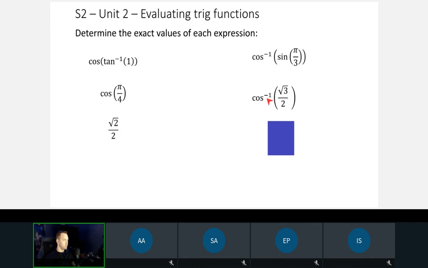So this wants to know what is the angle when the x value is rad 3 over 2. So you can either type this in or you can just pull it from a unit circle. I think either way worked just fine. But the angle is pi over 6. So the angle when the x value is rad 3 over 2 is pi over 6. Fun stuff, right?